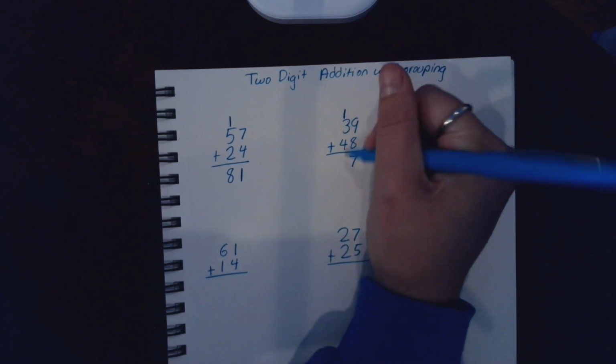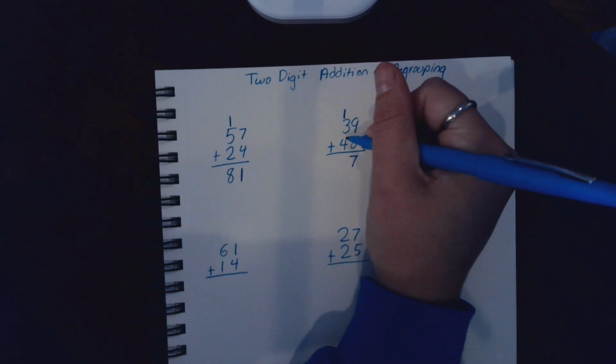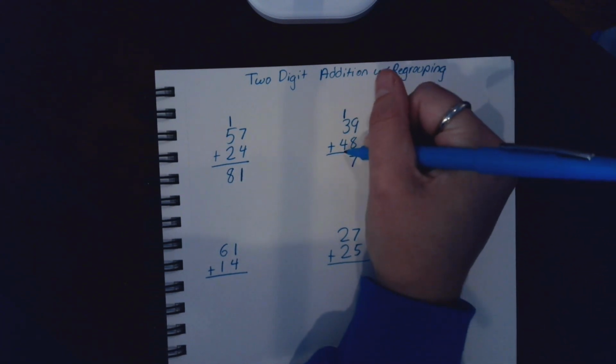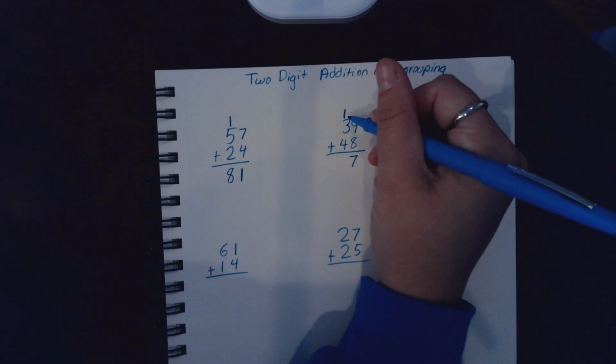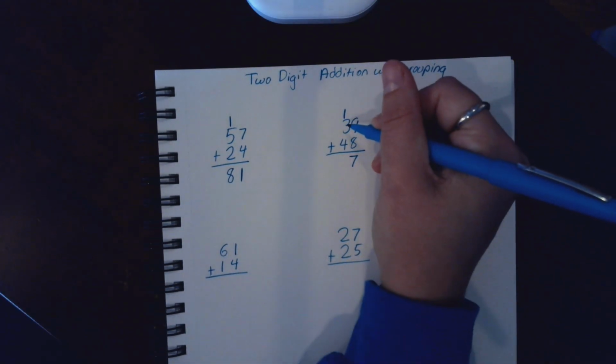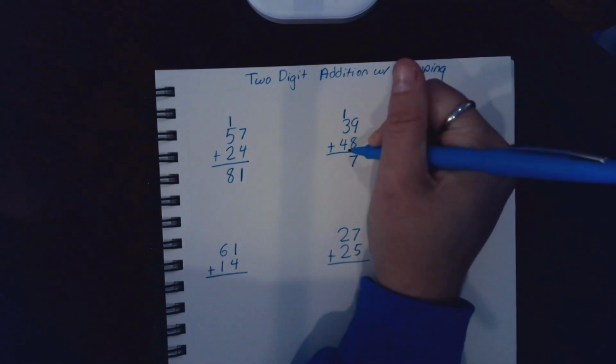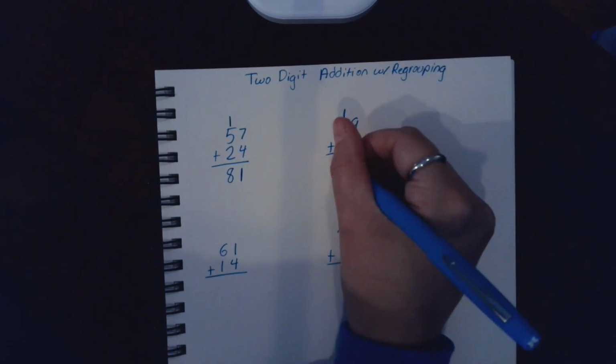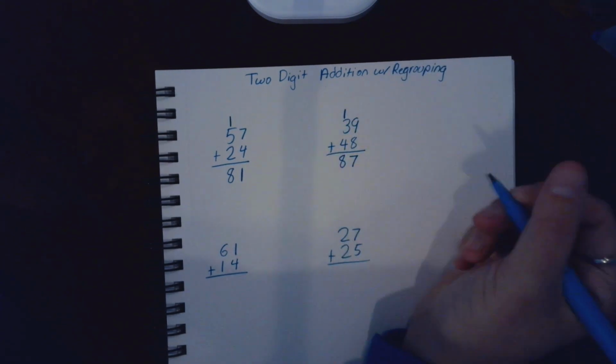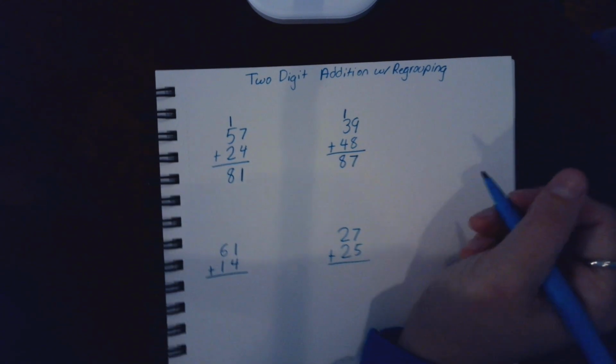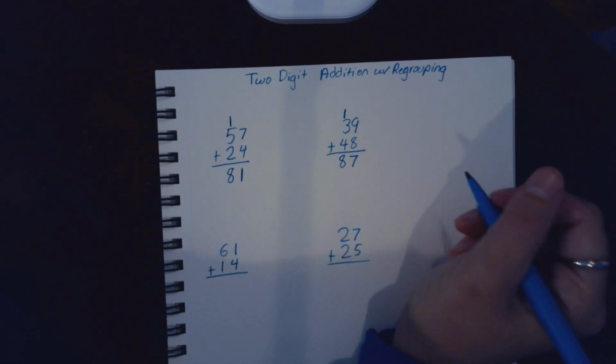Okay, so now when I'm looking at my 10's, I'm going to add all the 10's up in this column. So I have 1 10 plus 3 10's, which gives me 4 10's, and then another 4 10's, doubles fact, will give me a total of 8 10's. So my final sum is 87.